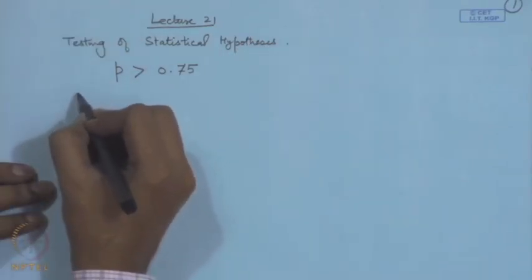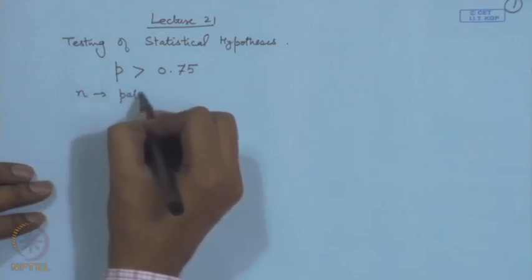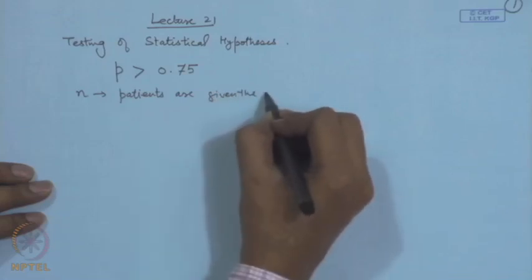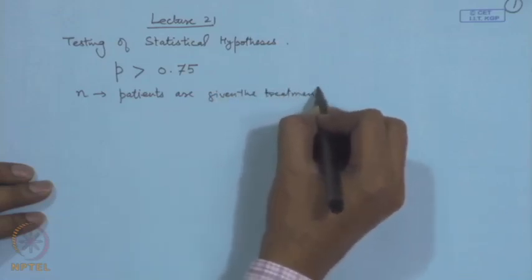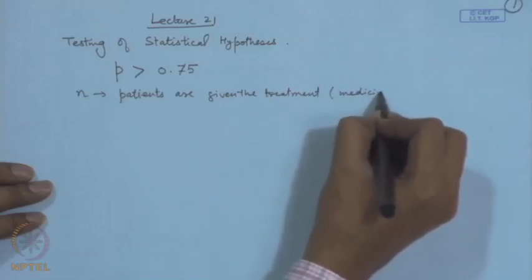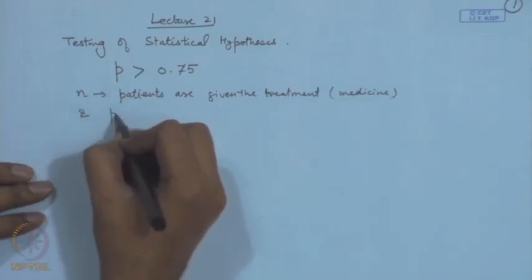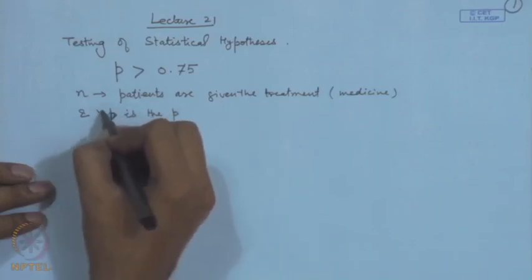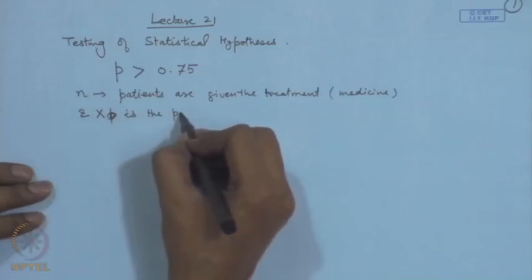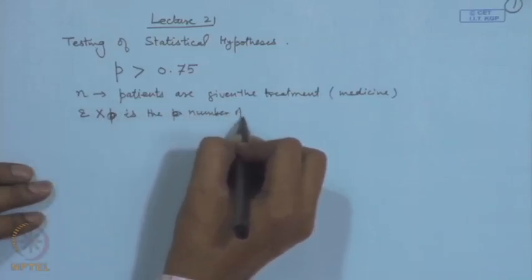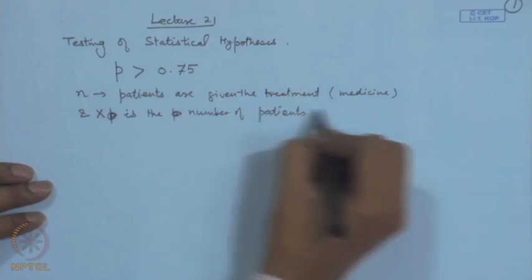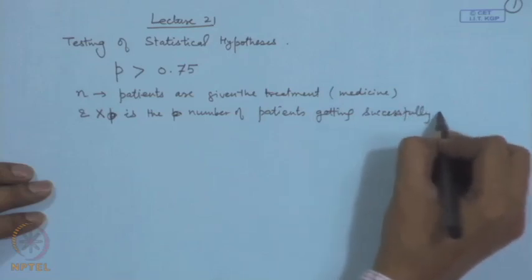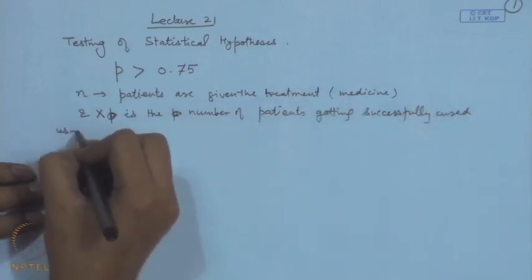Suppose n patients are given the treatment or medicine, and x is the number of patients getting successfully cured using this treatment.